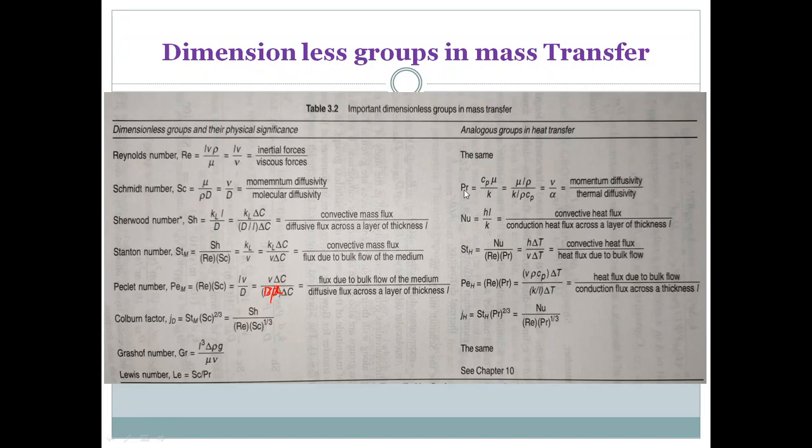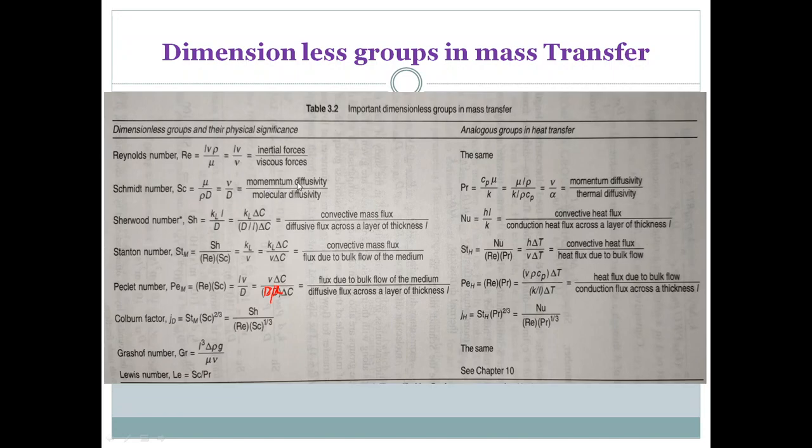Here we studied the Prandtl number, that is momentum diffusivity by thermal diffusivity, mu Cp by k. In mass transfer, fluid flow will be there, so momentum diffusivity is there, and instead of thermal diffusivity it will be the molecular diffusivity. Momentum diffusivity is nu, and molecular diffusivity is DAB, which I have denoted as D. So the Schmidt number is momentum diffusivity by molecular diffusivity.